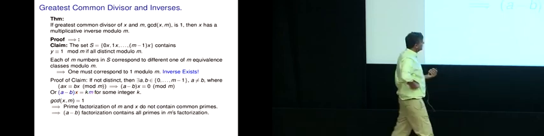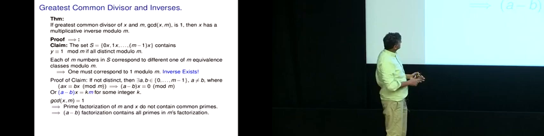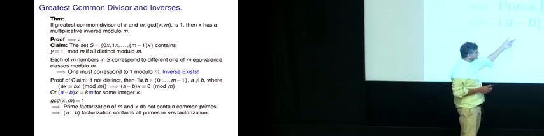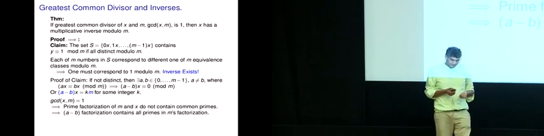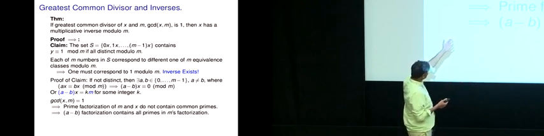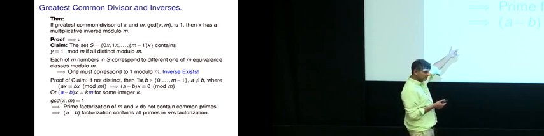So a minus b is just an integer, and you can write down its prime factorization. It has to contain all the primes in m's factorization. Because they have to be somewhere on the left-hand side. There's no factors of m in x, so they must all be in a minus b.